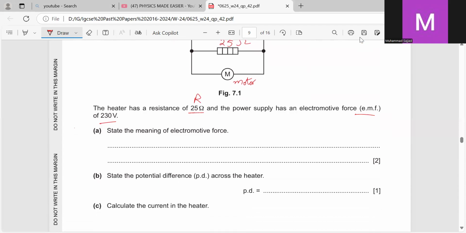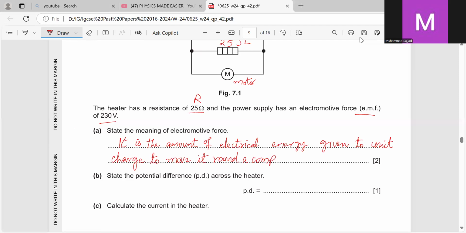State the meaning of electromotive force. We can say that it is the amount of electrical energy given to, or supplied to, unit charge to move it around a complete circuit.